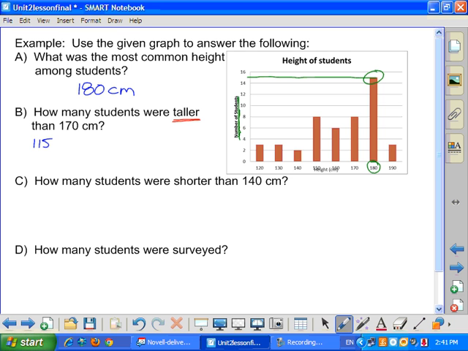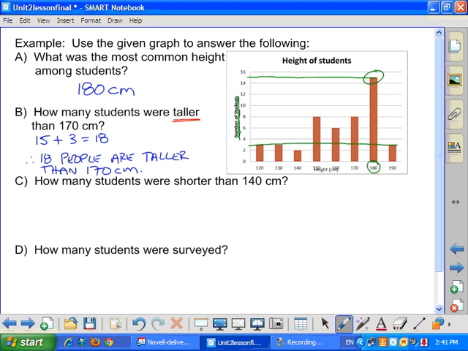There were 15 people that said they were 180 centimeters, plus 3 people who said they were 190. So it'd be 18. Therefore, 18 people are taller than 170 centimeters.